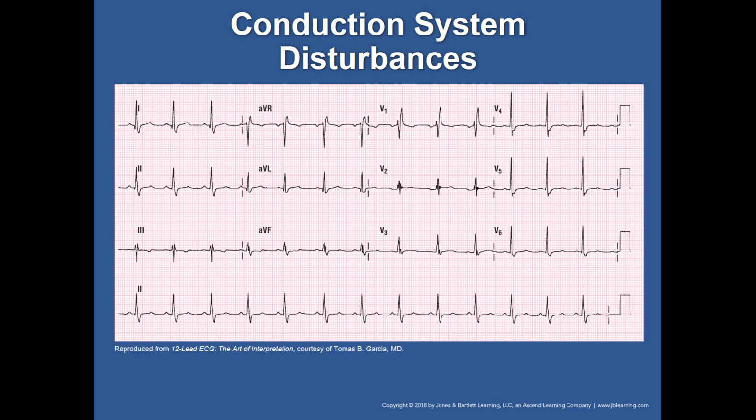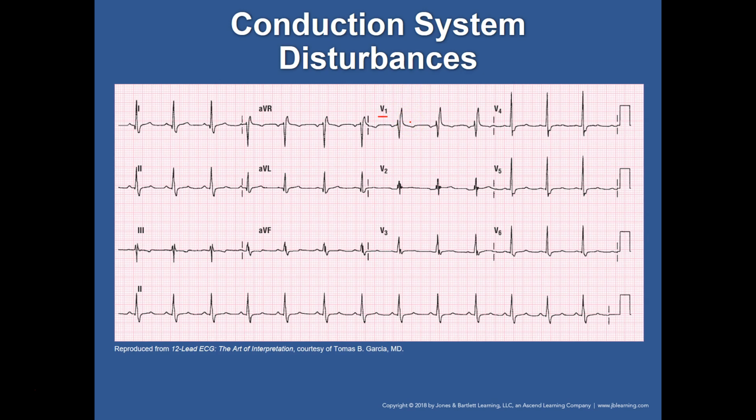So let me show you a quick, down and dirty, easy way to figure this out. I am not good at coloring with this thing, so be nice to me. Number one, we're going to go up here to V1. First thing we're going to do is go to our J point.